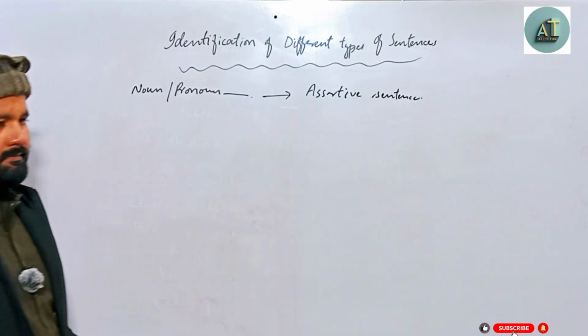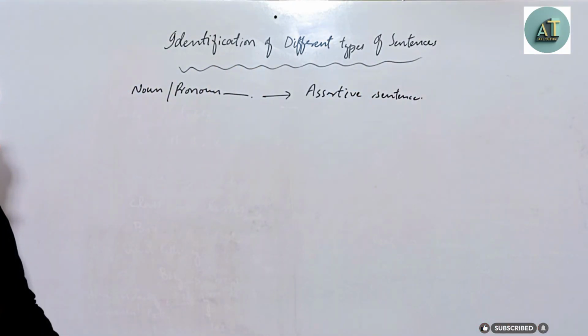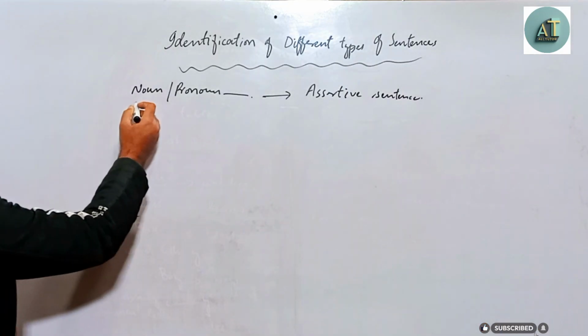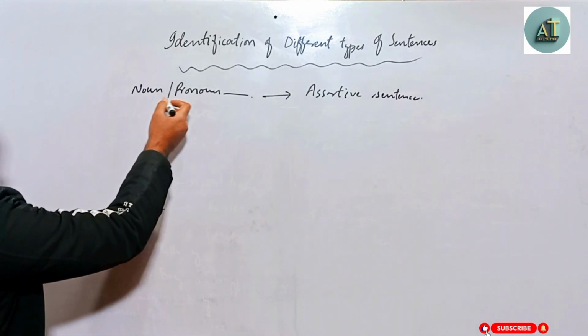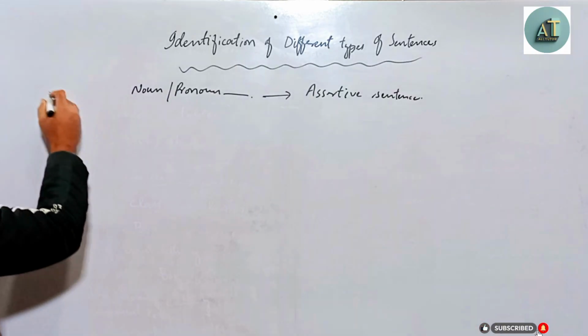The sentence can be assertive or declarative if the first word of the sentence is a noun or pronoun.